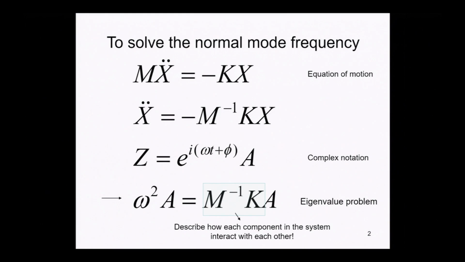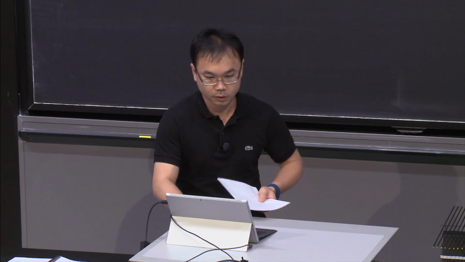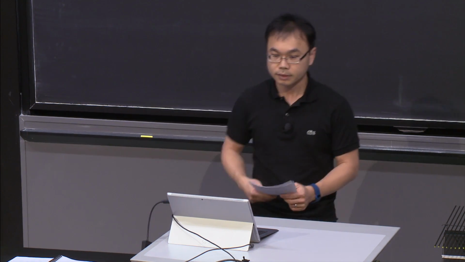In the end of the day, what we are doing is really solving an M inverse K matrix eigenvalue problem. We have been exercising this several times in the last few lectures. The M inverse K matrix describes how each component in the system interacts with each other. That is what we are trying to do in order to solve the normal modes.